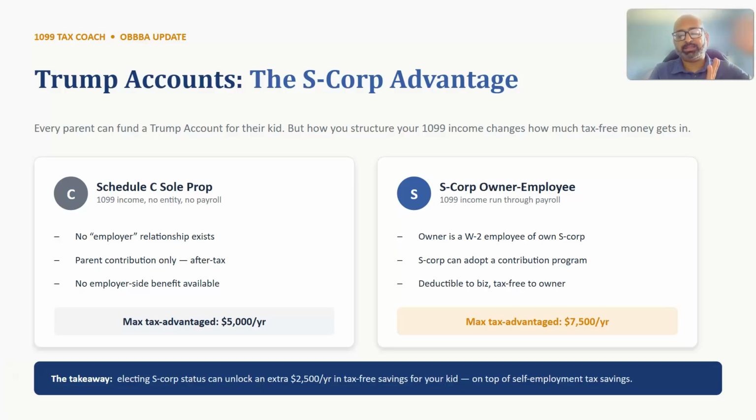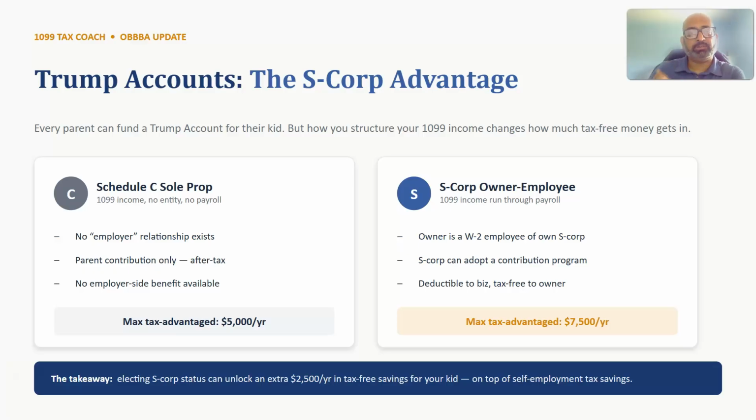They can contribute $5,000 a year individually into their child's Trump account, but they can also establish a benefit plan, just like a 401k plan or any other benefit plan, for the business, where the business can contribute up to $2,500 into the child's Trump account on top of the $5,000 that the parents have contributed. So now the total contribution is $7,500 into the child's Trump account.